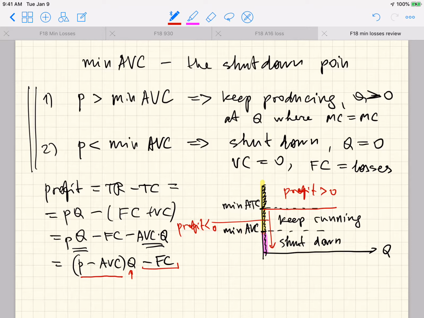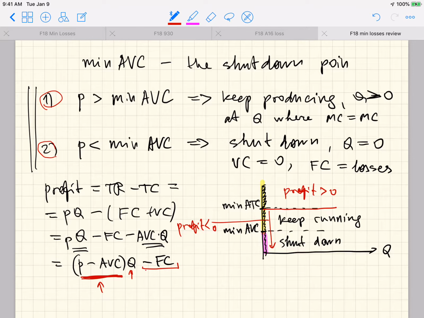But if P is smaller than AVC, and actually the previous case was this situation, right, and the second case is this situation. So if P is smaller than AVC, then this thing is negative. So by producing stuff and having this thing here, we're going to aggravate our losses.